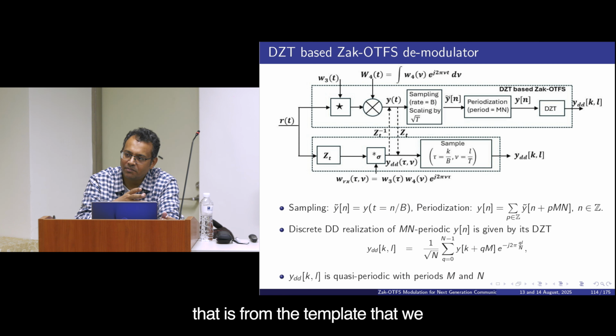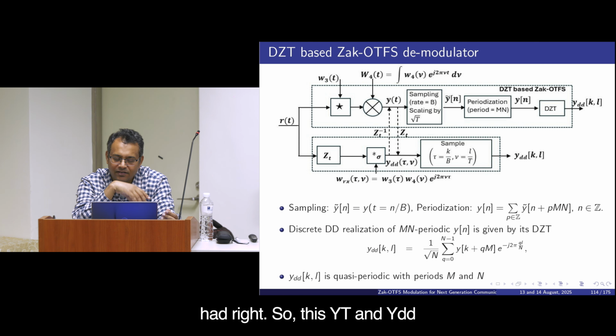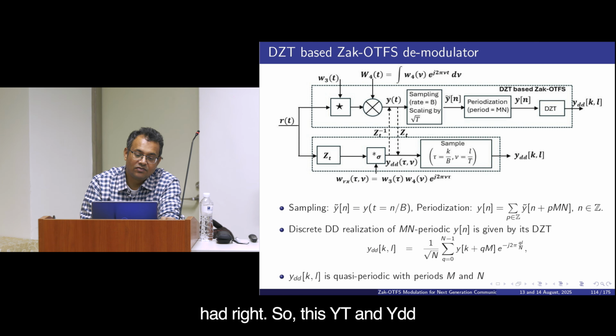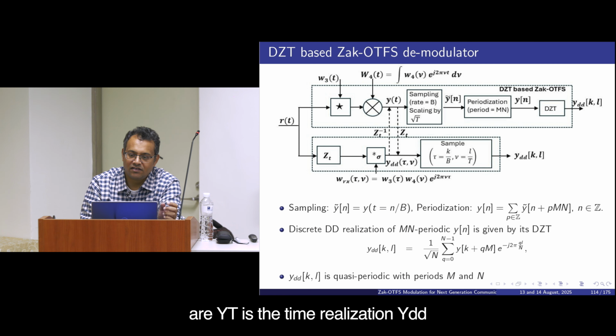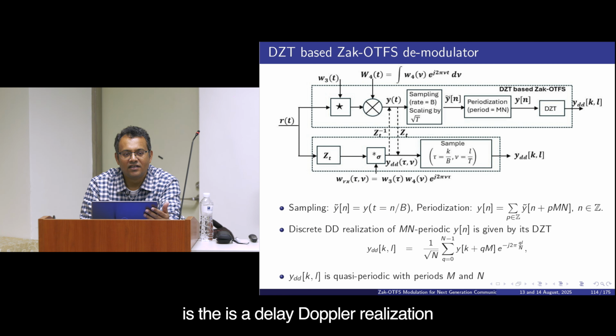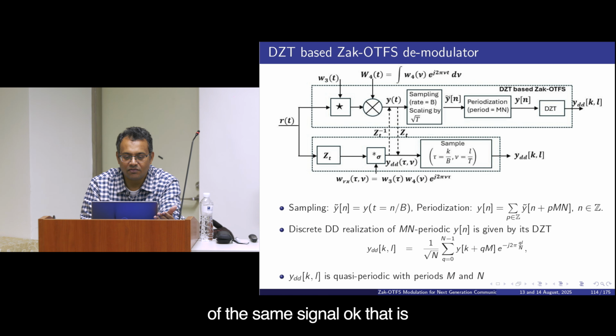That is from the template that we had, right. So y(t) is the time realization, and Y_DD is the delay-Doppler realization of the same signal, okay.